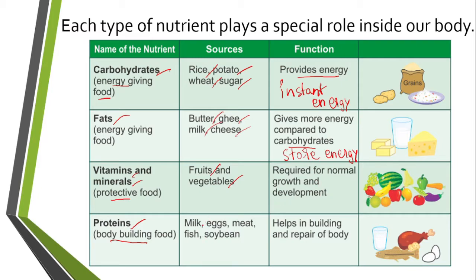And we can get proteins from milk, eggs, meat, fish, soya bean, etc. As I said, proteins are bodybuilding food, so they help in building the body and repair of the body. So carbohydrates and fats are known as energy giving food, proteins are known as bodybuilding food, and vitamins and minerals are known as protective food.